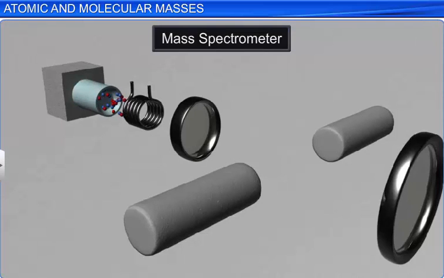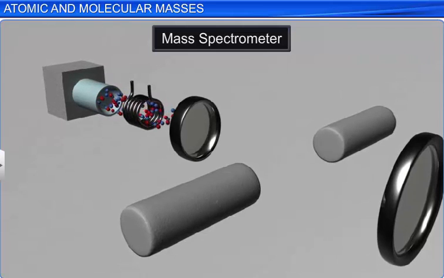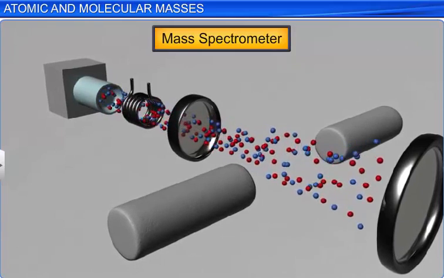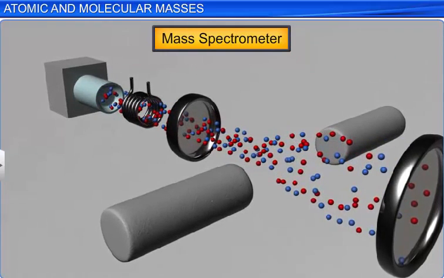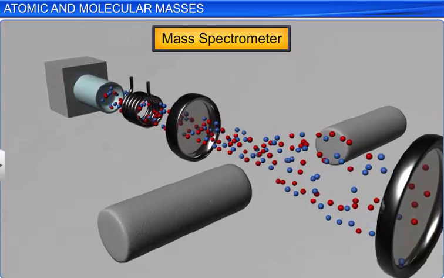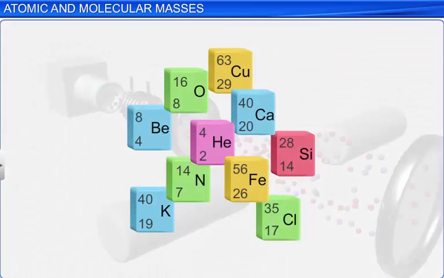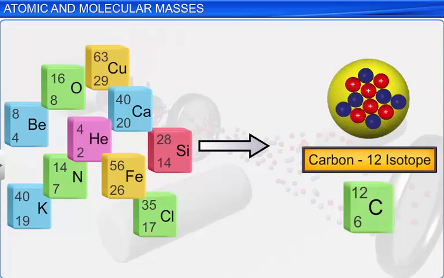By that time, due to the advancement of technology, scientists started using a mass spectrometer to calculate the accurate atomic mass of elements. The atomic mass of carbon was determined using a spectrometer and was found to be 12 atomic mass unit, AMU. All other atoms were assigned a mass relative to the atomic mass unit of carbon.